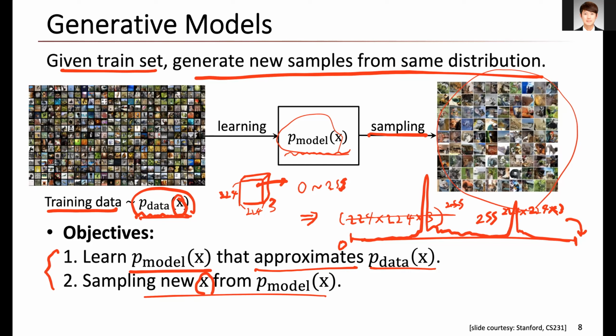So the real possible images are going to be very, very sparsely located on this axis, right? So p data x means this kind of probability, right? To mention p data x, we have to think of what is the probability of the current x. To explain again in Korean: among the nearly infinitely many kinds of images, the probability distribution over which real images can appear is going to be really sparse. And the distribution we are talking about is p data x, right?